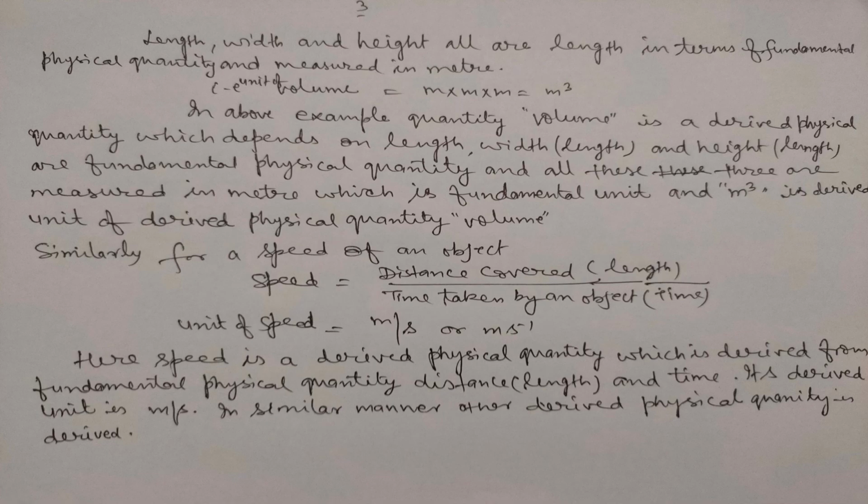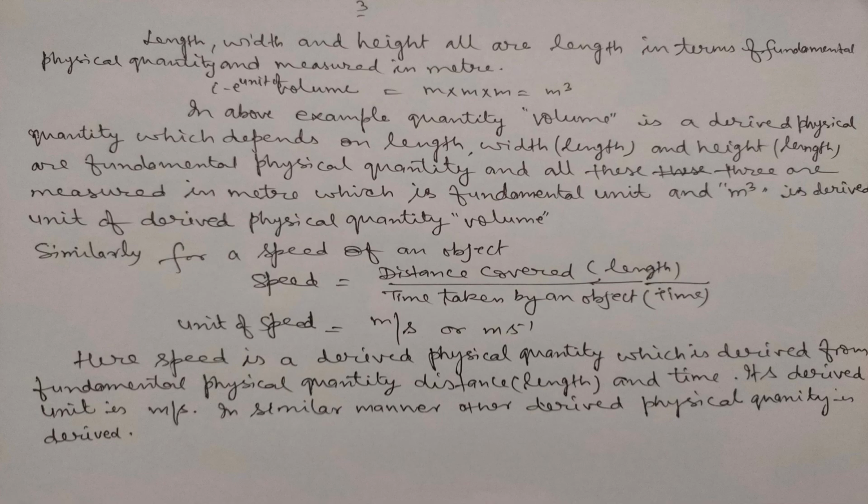If we take another example, that is the speed of an object. The speed is simply distance upon time, or we can say the distance covered by an object divided by the time taken by the object. The distance covered is again length, divided by time.